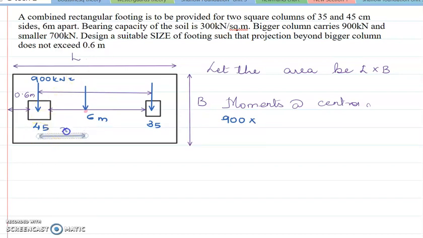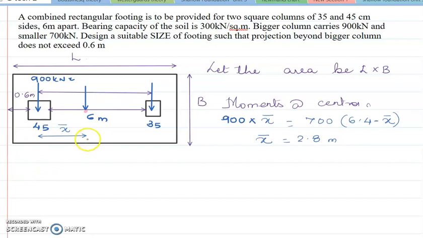I'll mark it as x bar. 900 into x bar will be equal to 700 into (6.4 minus x bar). So my x bar, which is the distance of the centroid from the center of column Q1, is 2.8 meters.